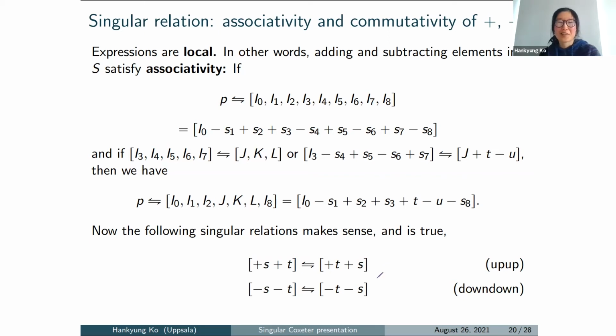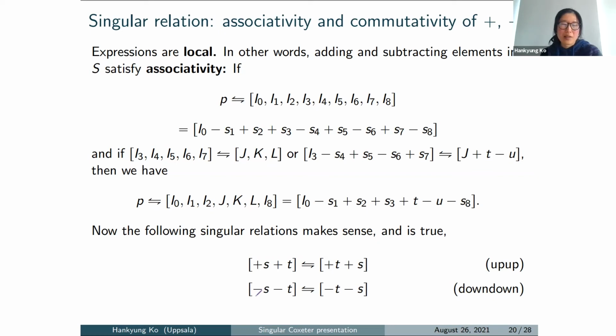between the singular expressions, and we name them. So plus S plus T, whatever comes before, is equal to plus T plus S, with the same thing coming before and also after. And we call this up.